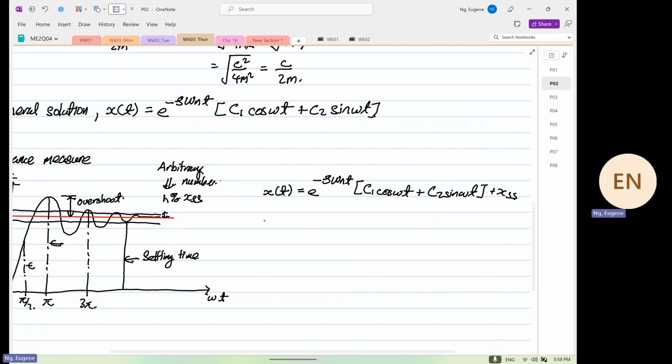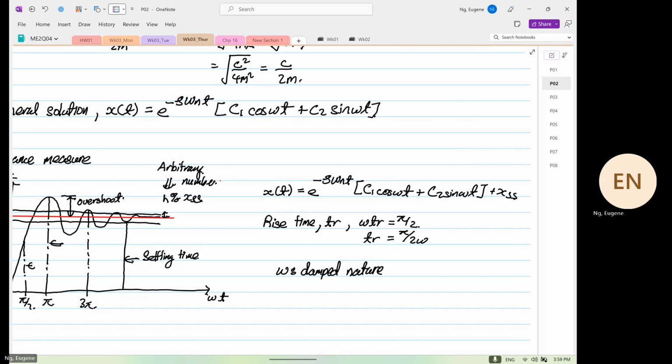So you just need to remember rise time, which is equal to TR, right? So you know that omega TR is equal to pi over 2. TR is equal to pi divided by 2 omega. And omega over here is your damped natural frequency.